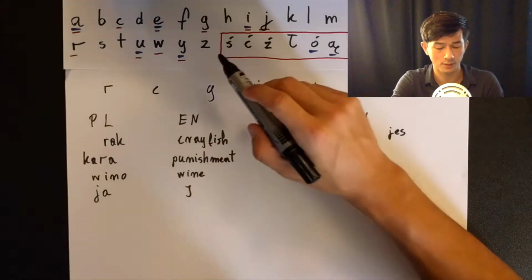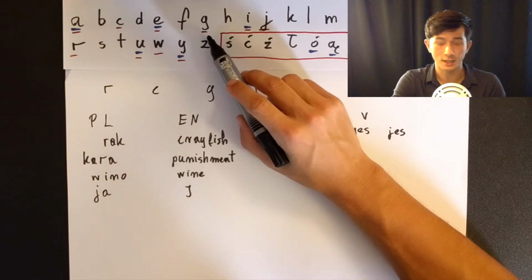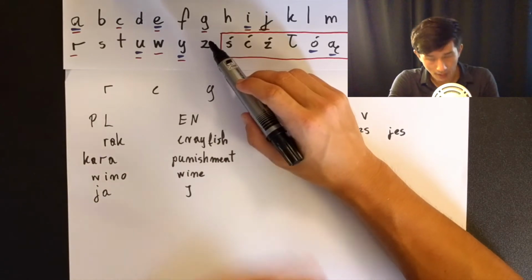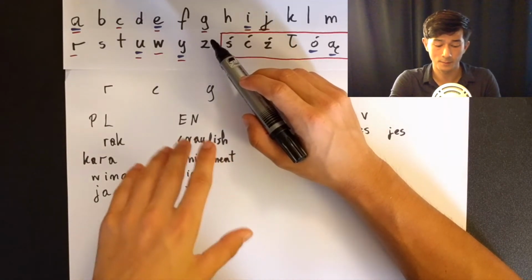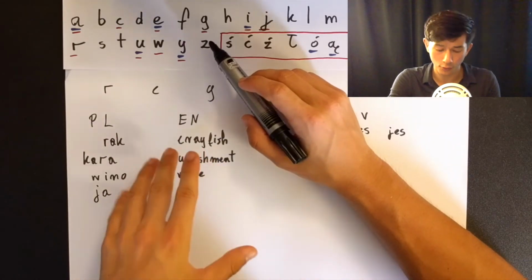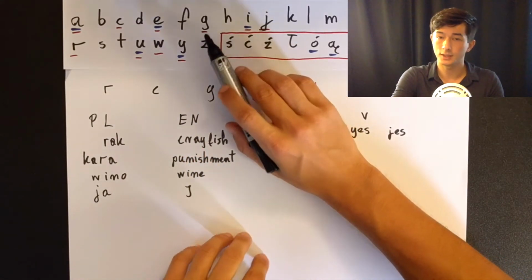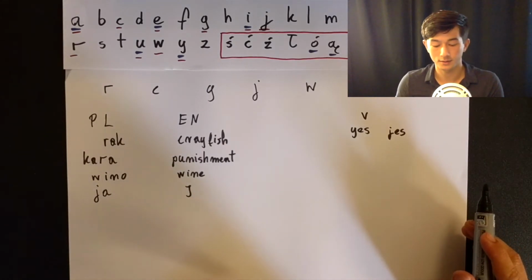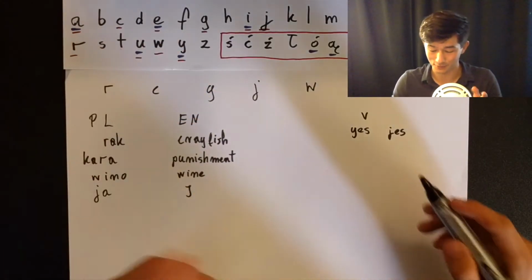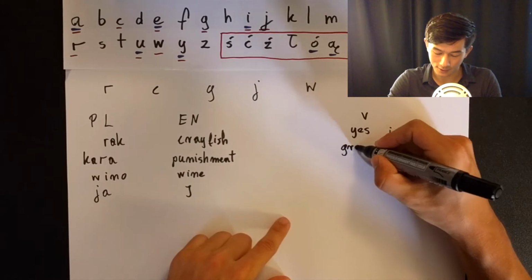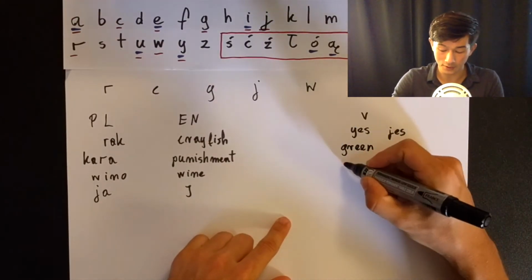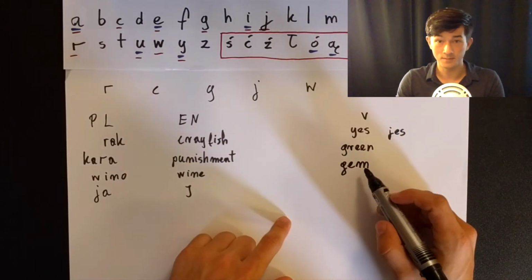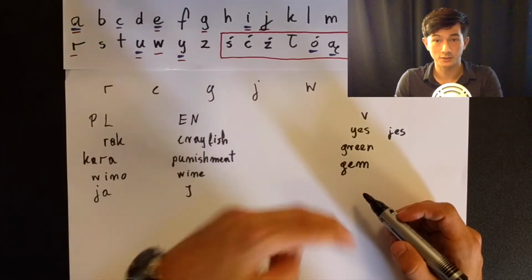Now we'll see an example of Polish G. Actually, I didn't lie to you, but I didn't say the whole truth. This sound is quite similar to what we have in English, but there's more to it in English. Like, for example, you can write green, or you can write jam, and you can see that the same letter is pronounced in 2 different ways.